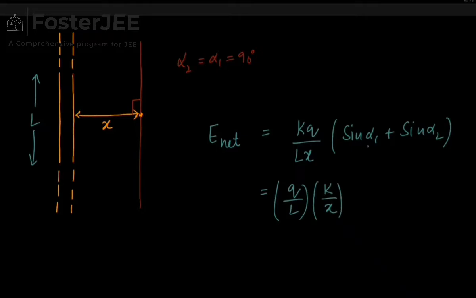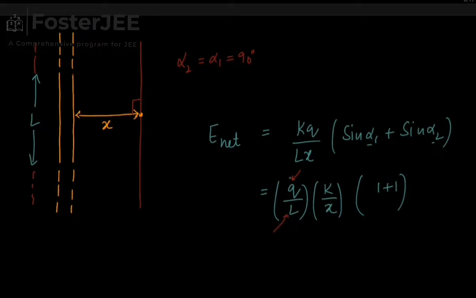Now, the value of sine alpha 1 and alpha 2 will be sine 90 plus sine 90. That will be 1 plus 1. Now, note that if q charge is distributed over infinite length, then the q also is infinite and the length is also infinite.